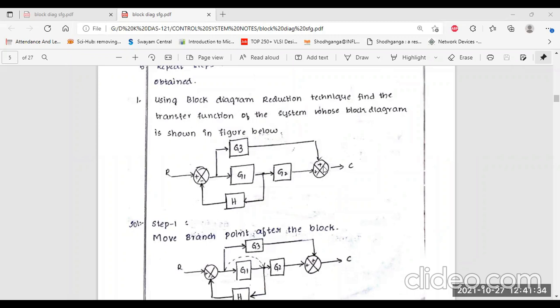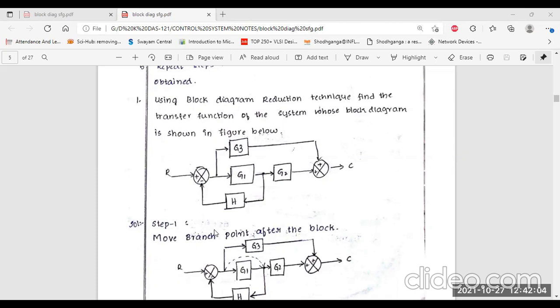And then G1, G2 are connected to another summing point, and G3 is connected in parallel with these two. So G3 is also there, and one branch is also connected from here to the next summing point. And another additional point is the feedback loop, which is attached only to the first block, that is G1.